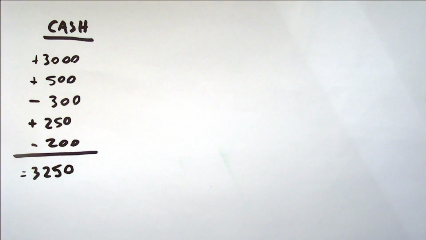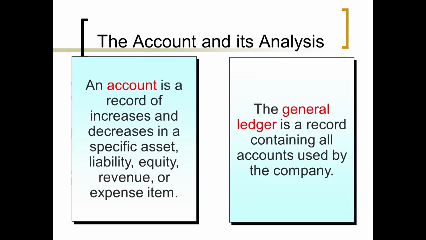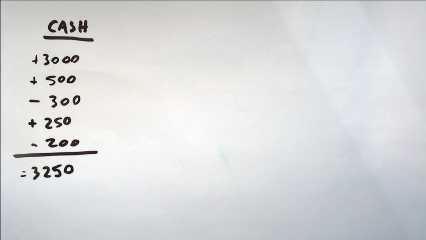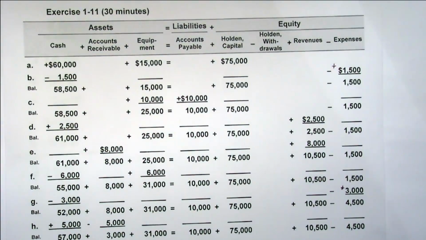So going back to this slide, an account is a record of those increases and decreases, and a general ledger is a record containing all of the accounts used by a company. Now, where we are at in your learning, remember when we did exercise 111?